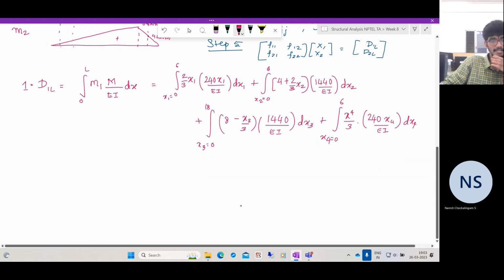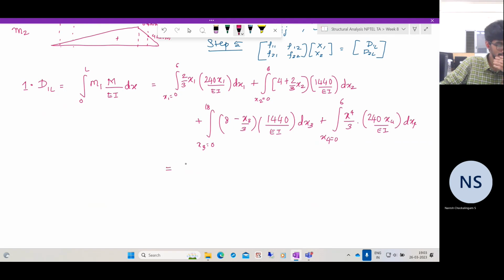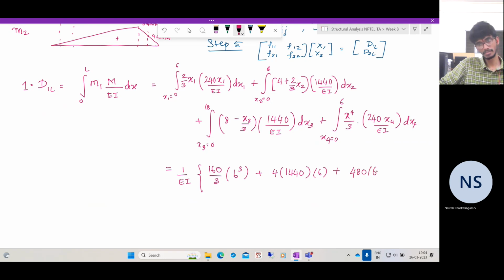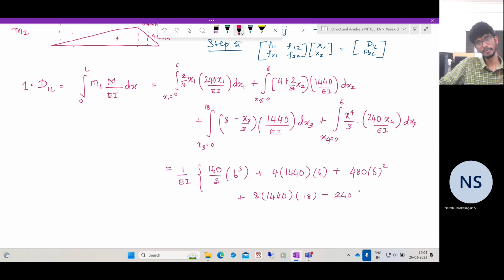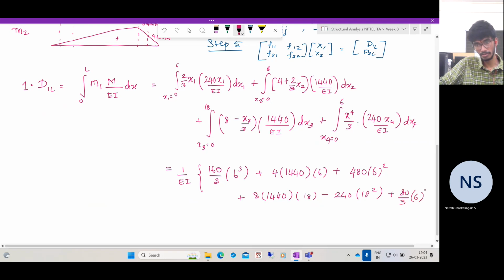So you can evaluate these integrals. It is a straightforward exercise. What you get will be 1 by EI into, something like 160 by 3 into 6 cube, plus 4 into 1440 into 6, plus 480 into 6 square, plus 8 into 1440 into 18, minus 240 into 18 square, plus 80 by 3 into 6 cube.